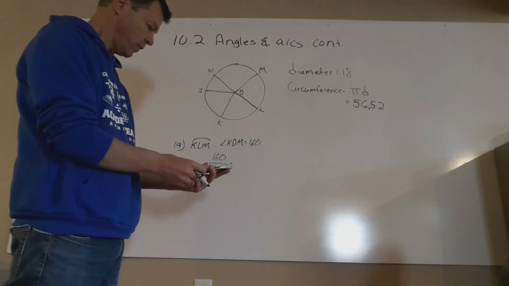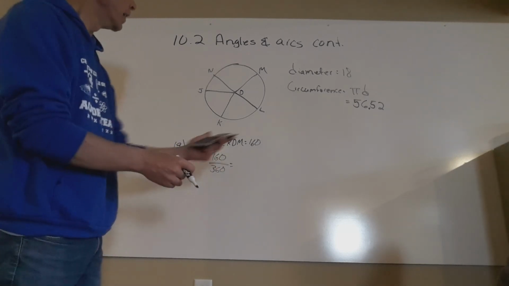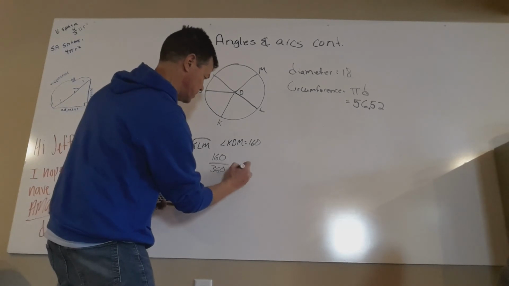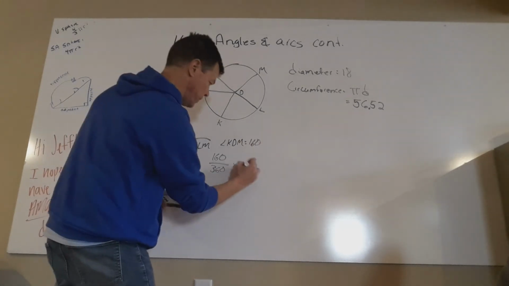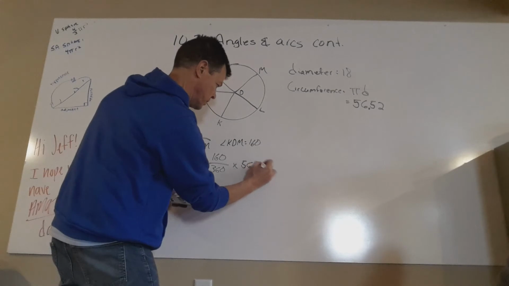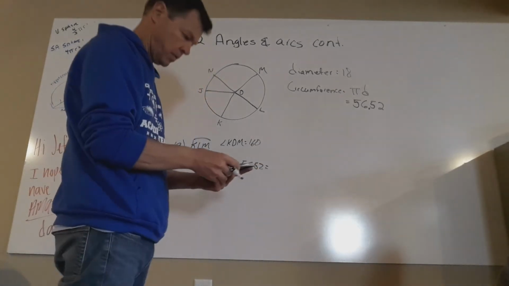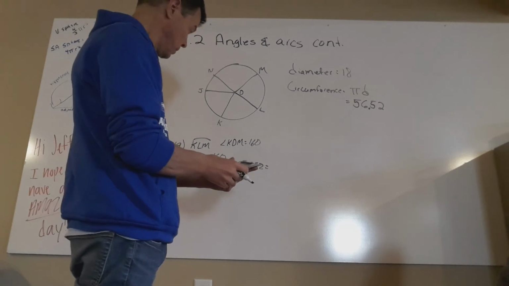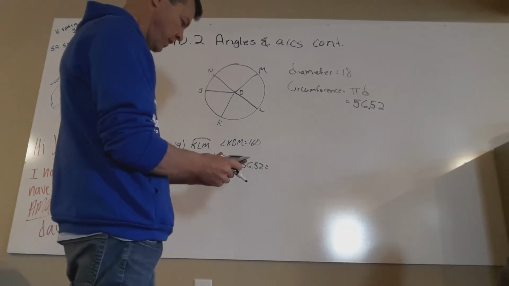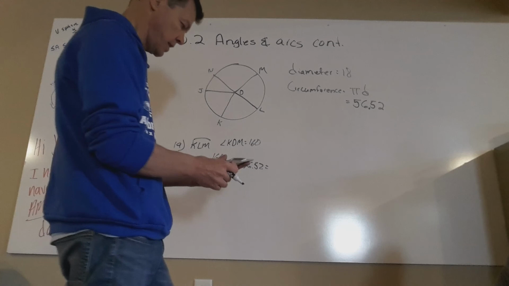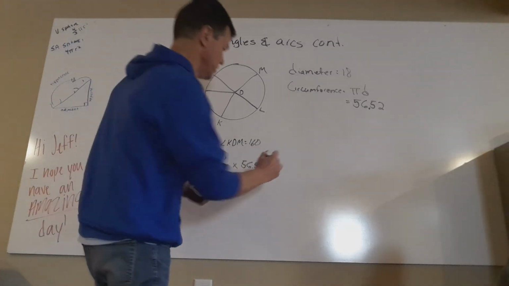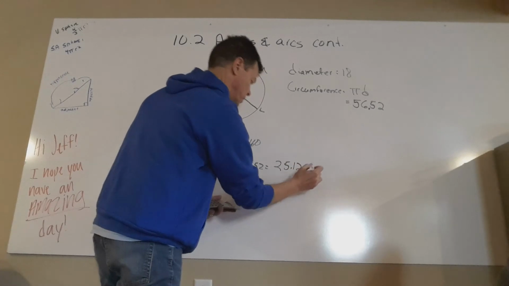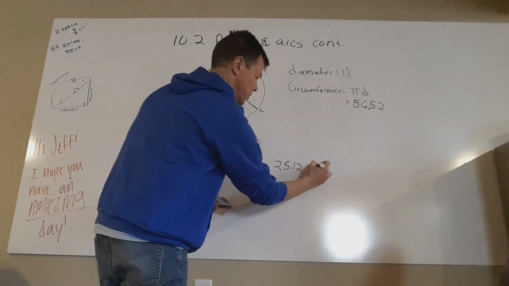And that is 0.4444. Times 56.52. 25.19997, so 25.12 units.